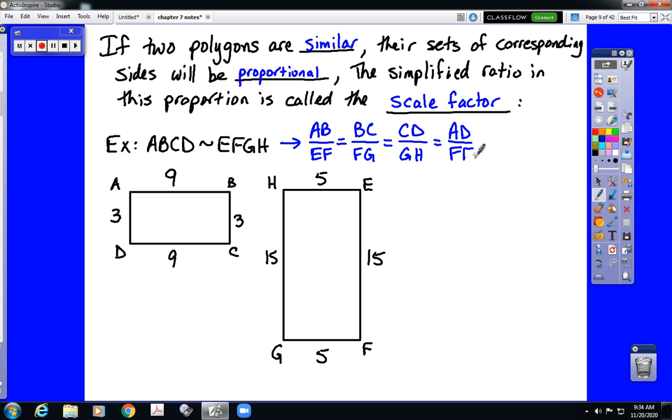That is the first and last letters in each name. Okay? So what we're going to do is take that extended proportion and plug in the side lengths from the picture.